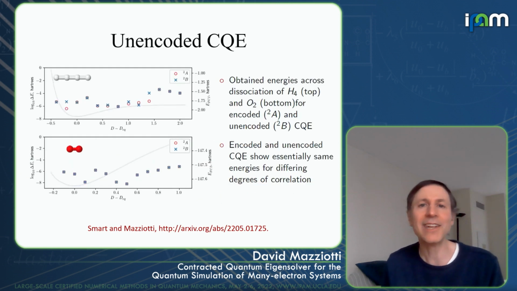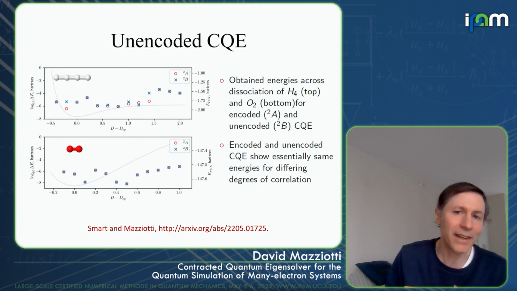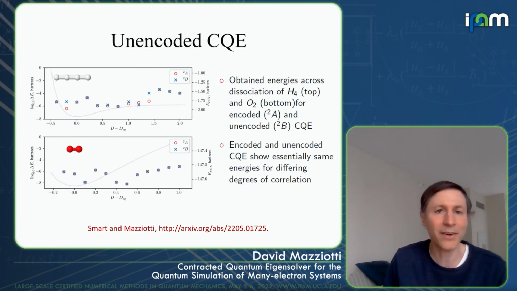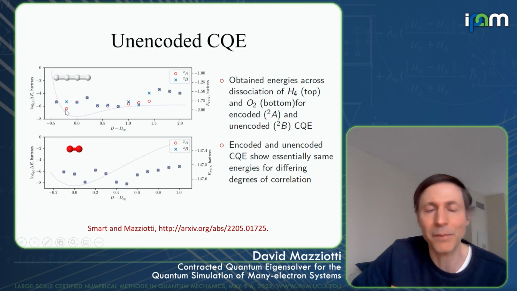Now, how does it do in terms of accuracy? Well, it turns out computational experience shows, and some theoretical analysis indicates, that we can get the same accuracy with the fermionic encoded or the unencoded CQE. The points on this plot are on the potential energy surface of pulling apart the H4 chain.